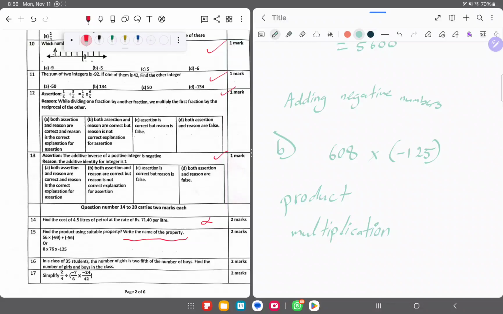So it's the multiplication of positive and negative numbers.